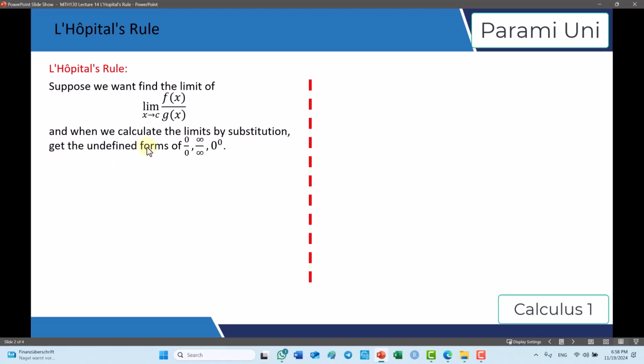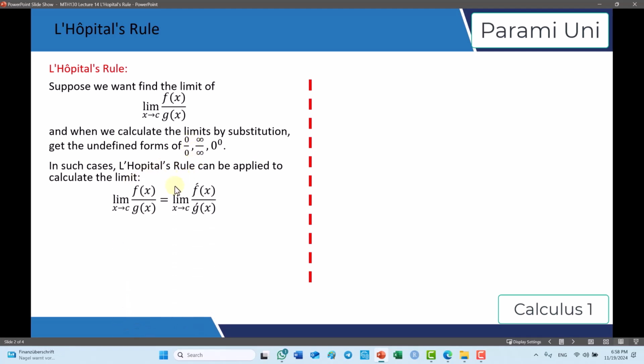When we calculate the limits by substitution, we get undefined forms of 0 over 0, infinity over infinity, or even 0 to the power of 0. In such cases, L'Hopital's rule can be applied to calculate this limit in order to avoid these undefined forms.